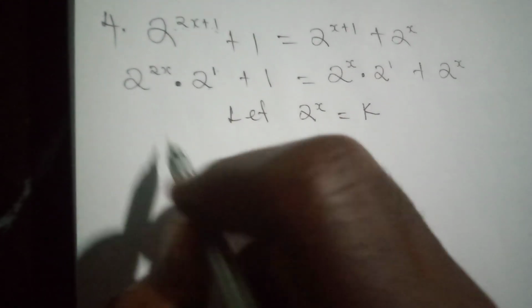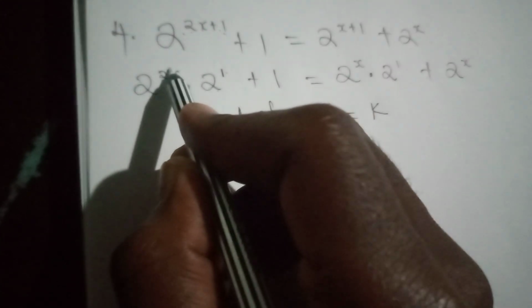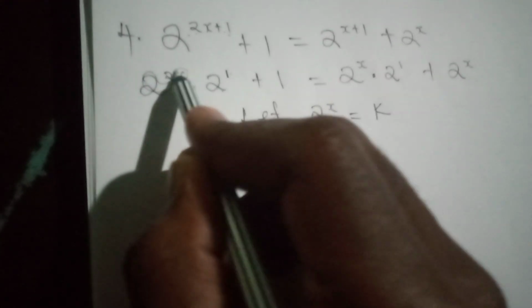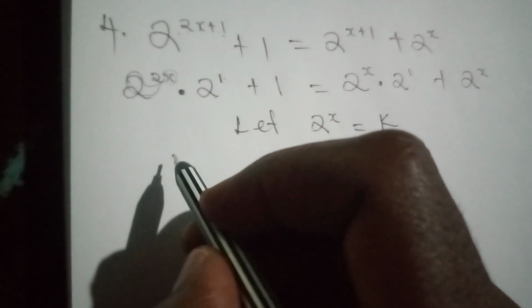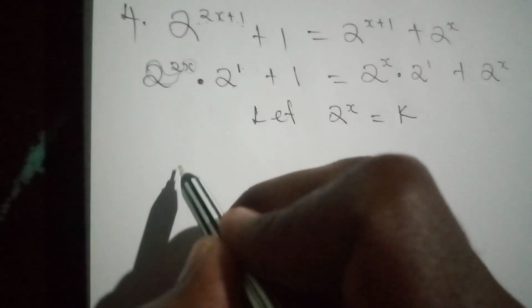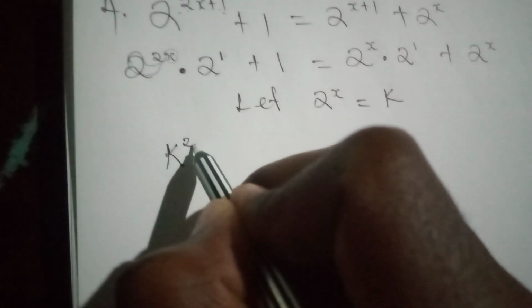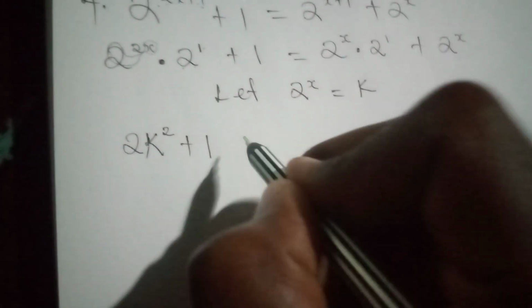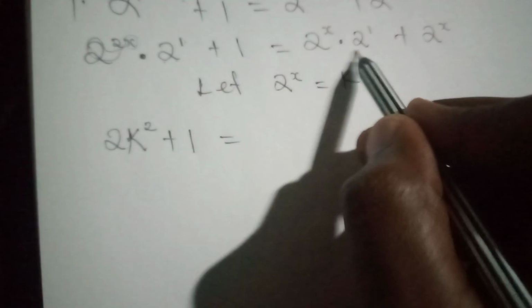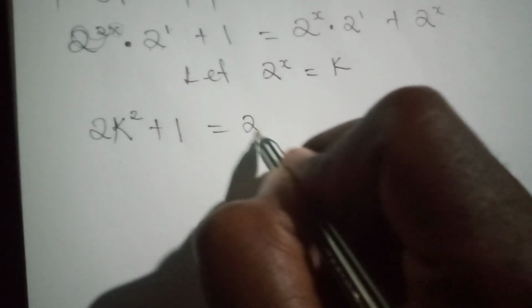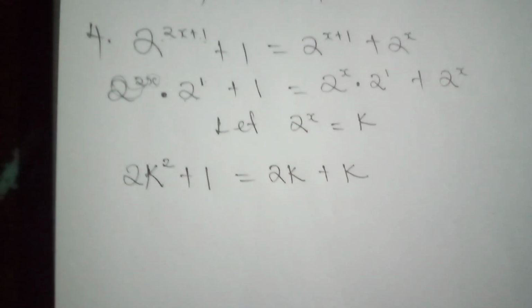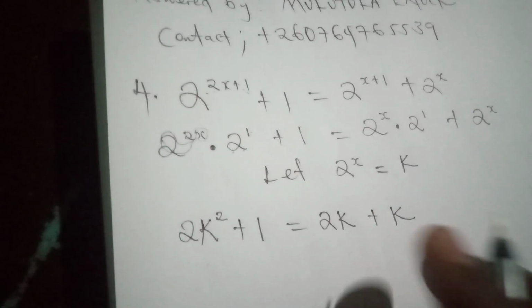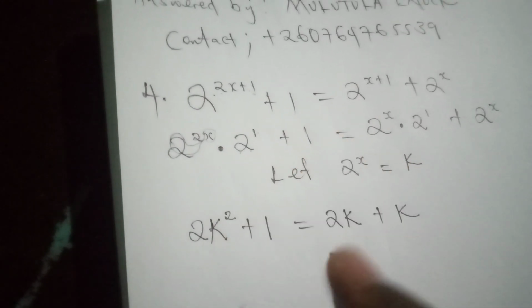So that is, cutting this whole part to x, 2 to power x, meaning we're going to have k square times 2, that is 2k square plus 1 is equals to 2k plus k.